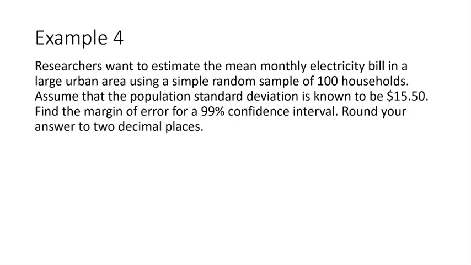So example 4, researchers want to estimate the mean monthly electricity bill in a large urban area using a simple random sample of 100 households. So this is kind of a similar situation to what we had earlier. However, rather than giving me that confidence interval, all they tell me is that the population standard deviation is known to be 1550.